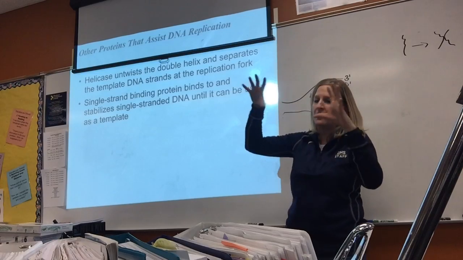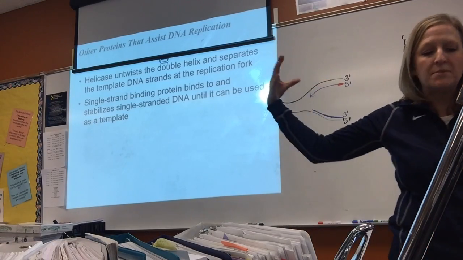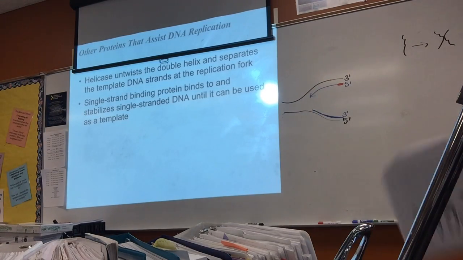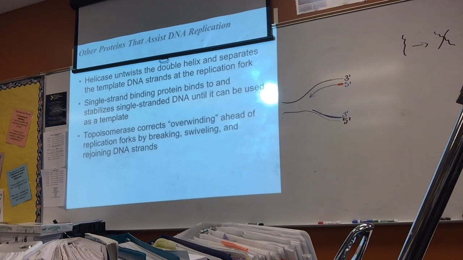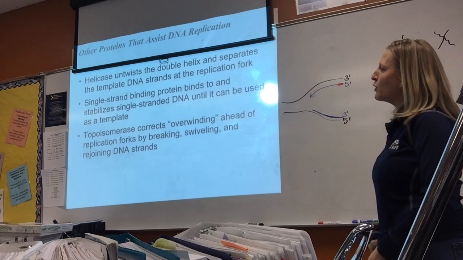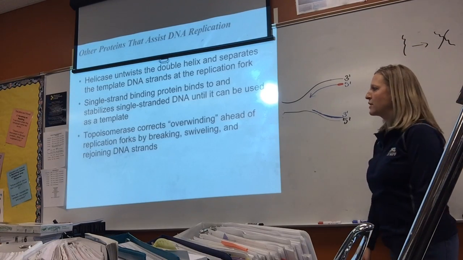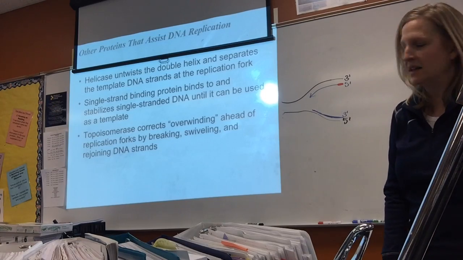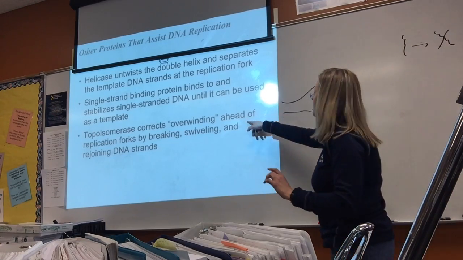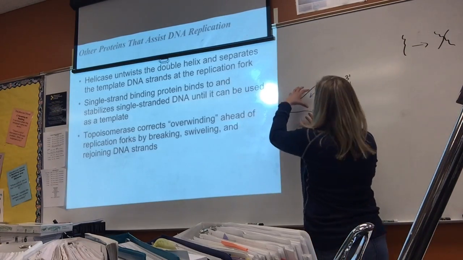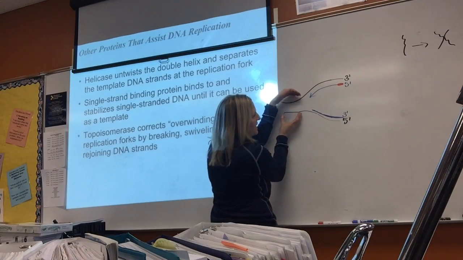I'll show you a picture in just a second. These keep the two strands from going back together. And then there is topoisomerase. This corrects overwinding ahead of the replication fork by breaking, swiveling, and rejoining DNA strands. Ahead of the replication fork is right here.